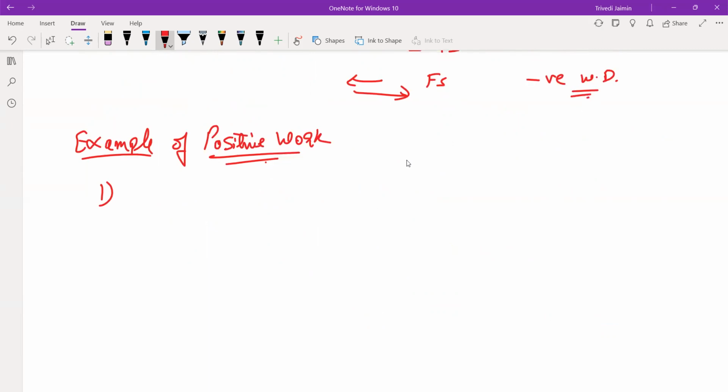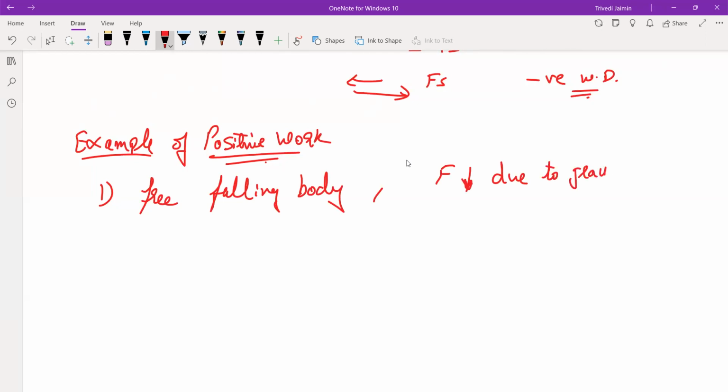So work done by gravity is positive. Free falling body: force acting downward due to gravity, and the direction of motion is also downward. So work done is positive.